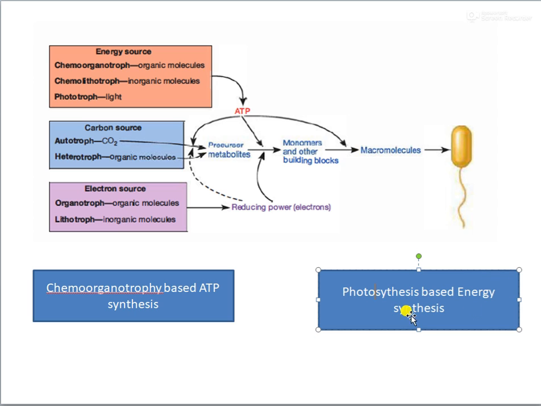So energy synthesis in microorganisms can be carried out by either chemoorganotrophy or photosynthesis. This is just an outline of how they get ATP.